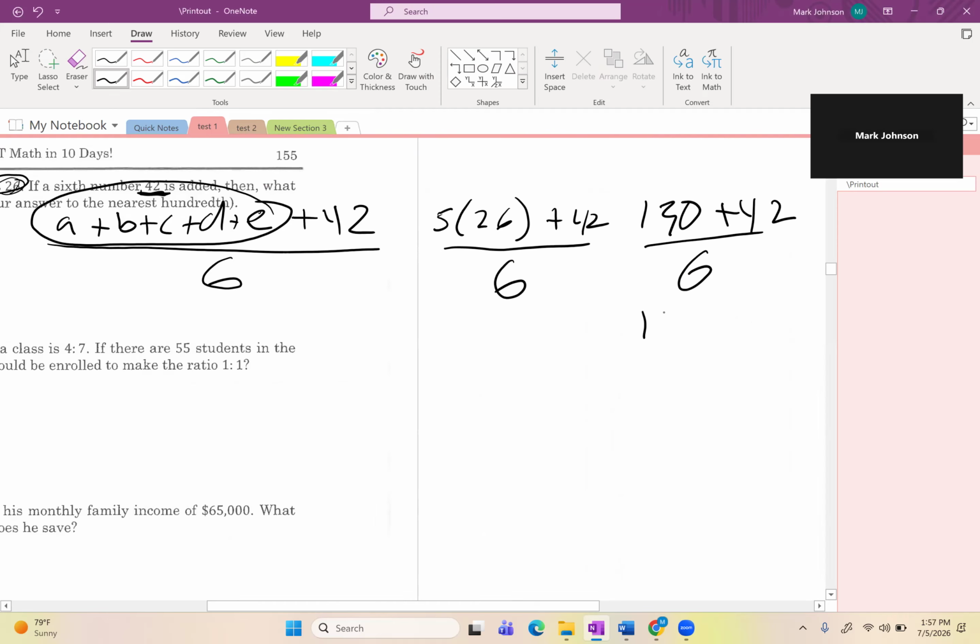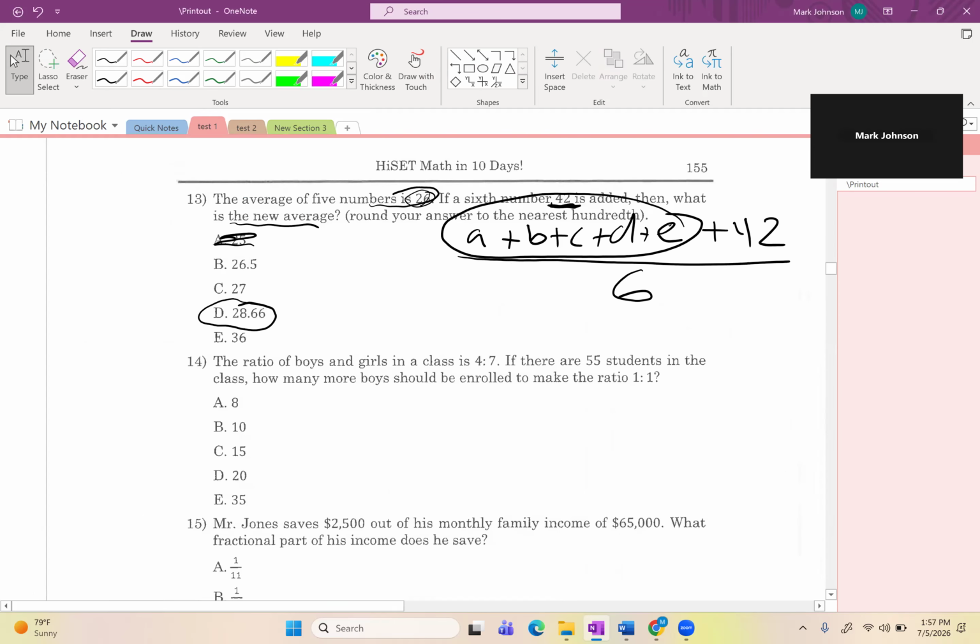Entonces tenemos 28,66. Entonces fue correcto.